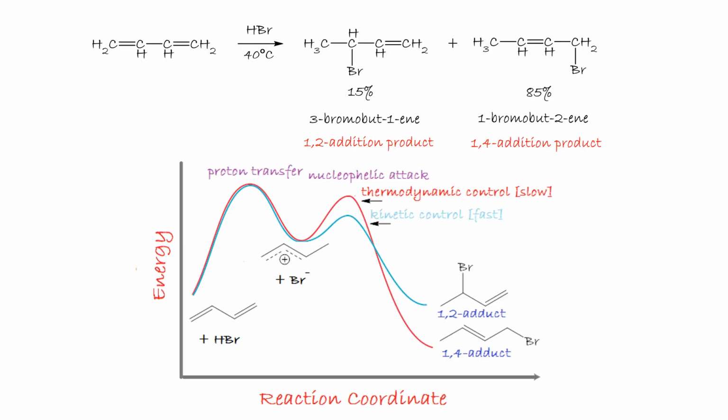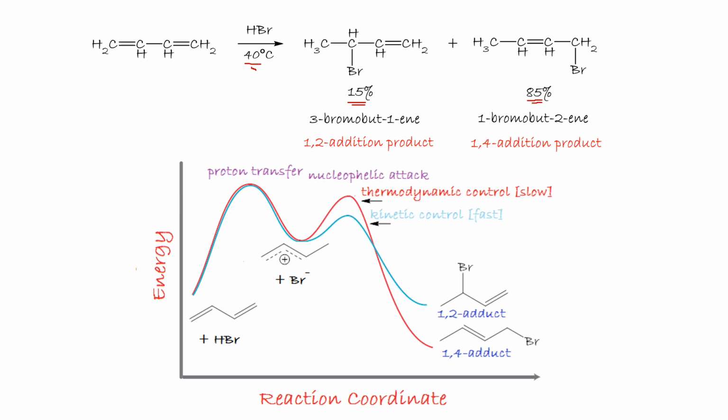Now, if we do the same reaction but at 40 degrees, we obtain 3-bromobut-1-ene in 15% yield, while 1-bromobut-2-ene in 85%. Again, why is that?